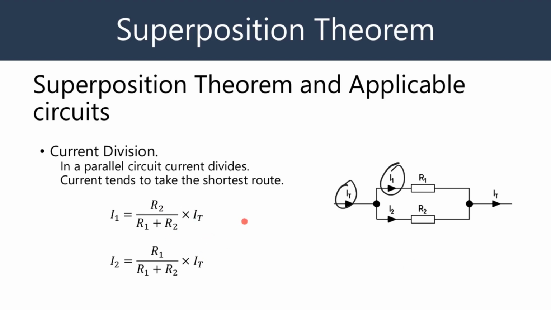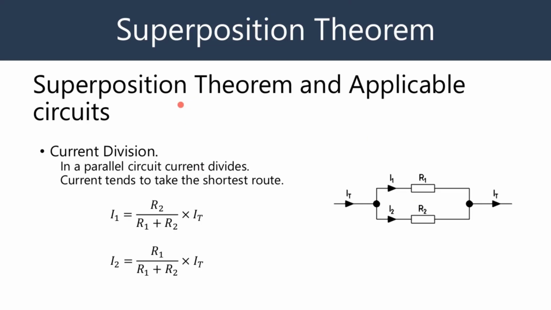Now, I always ask the guys, how do we come up with a formula like that? This is taken from Ohm's law. How do I know it's from Ohm's law? Because if I go into Ohm's law, I can get back to this particular formula. How do I calculate I1? So let's go through that quickly so that I can show you guys and back engineer it.